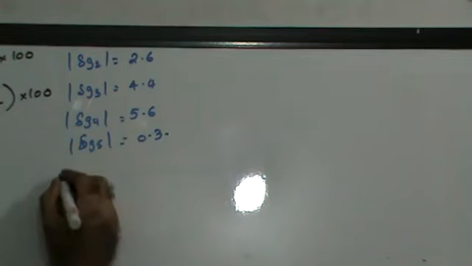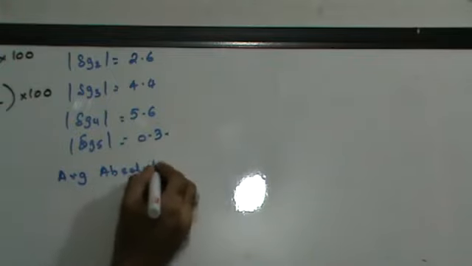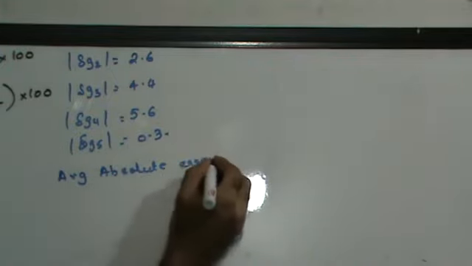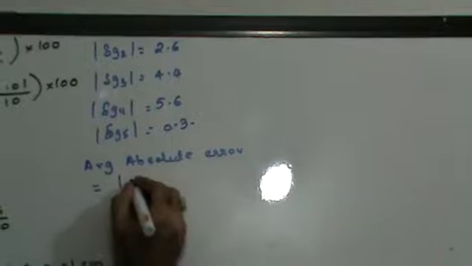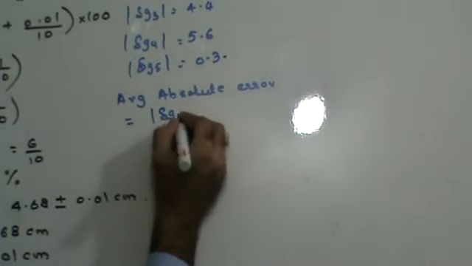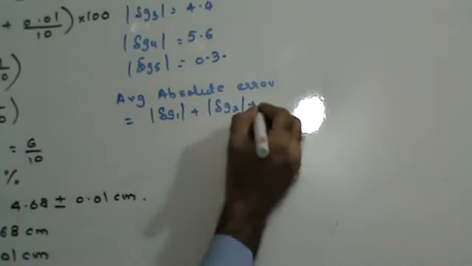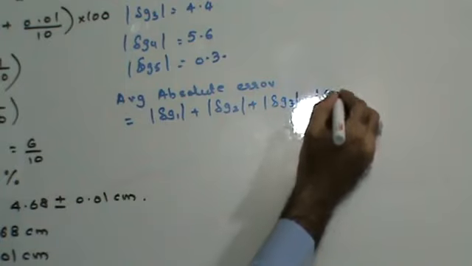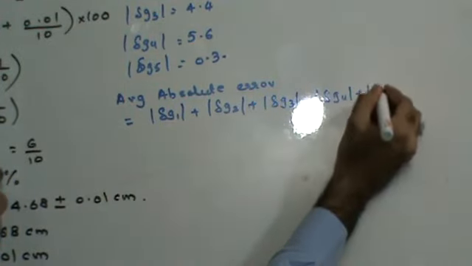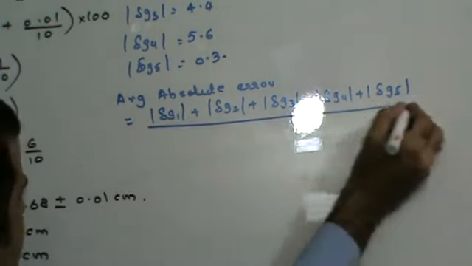Next, let's find out the average absolute error. Average absolute error is the sum of all the absolute errors divided by the number of terms. So absolute error in G1 plus G2 plus G3 plus G4 plus G5 divided by the number of terms.